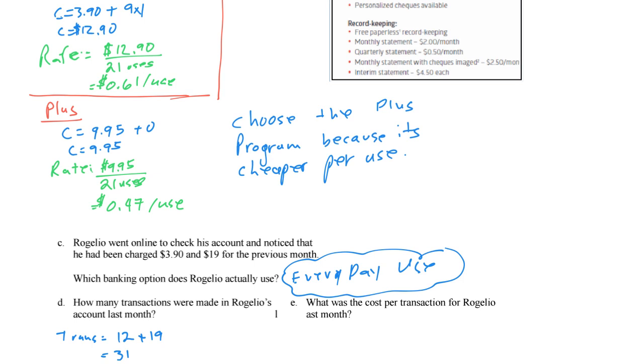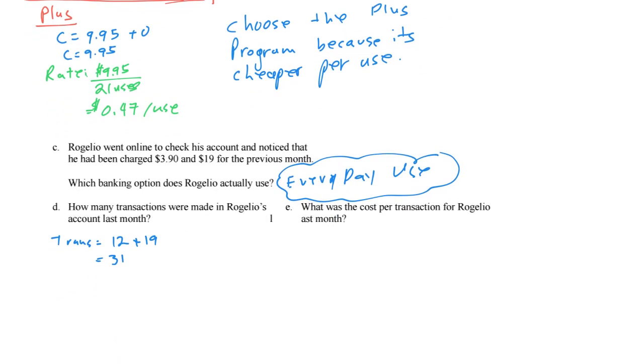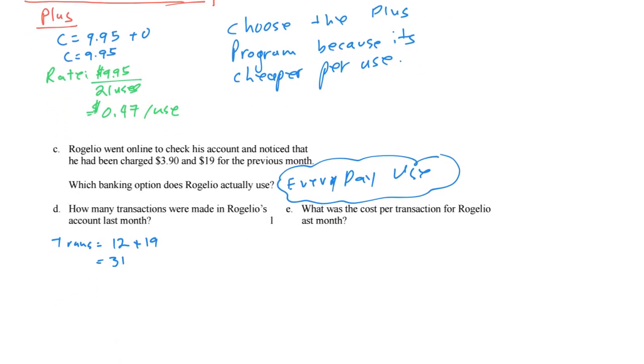Not good. So now the last thing we have to do is say, what is the cost per transaction for that month? So here is the cost per use. Well, that was $3.90 plus $19.